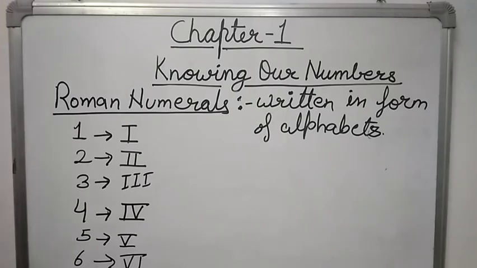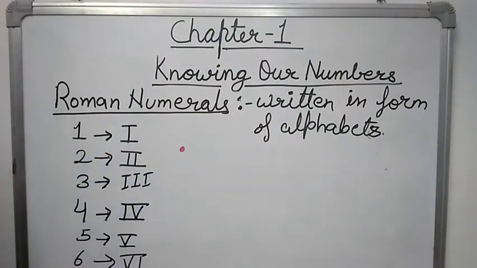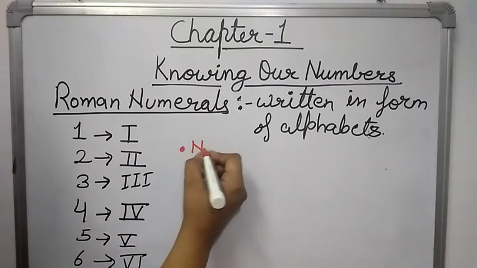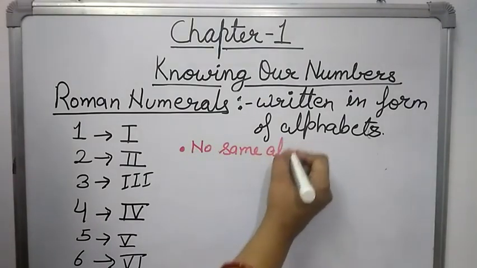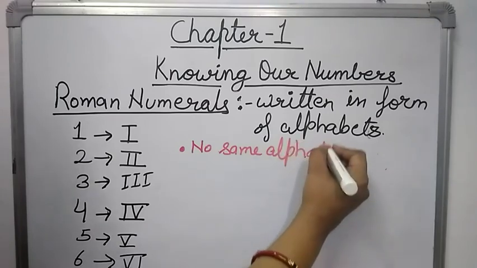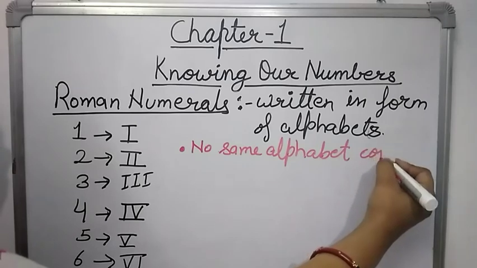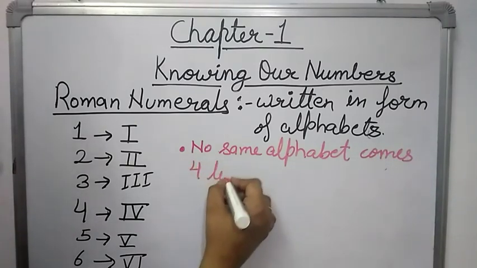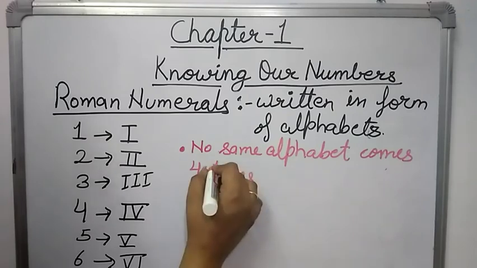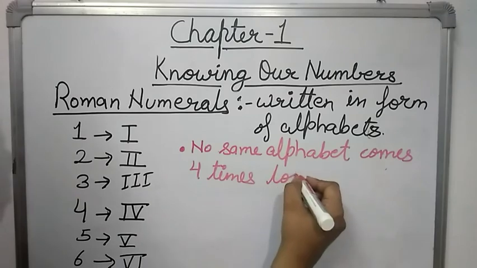First point is no same alphabet comes 4 times together.